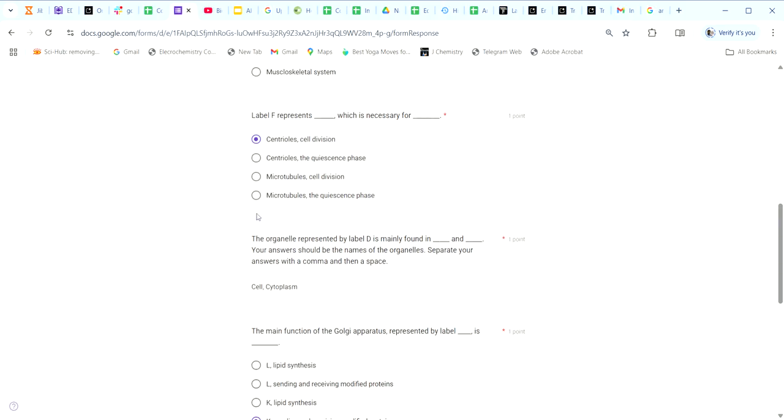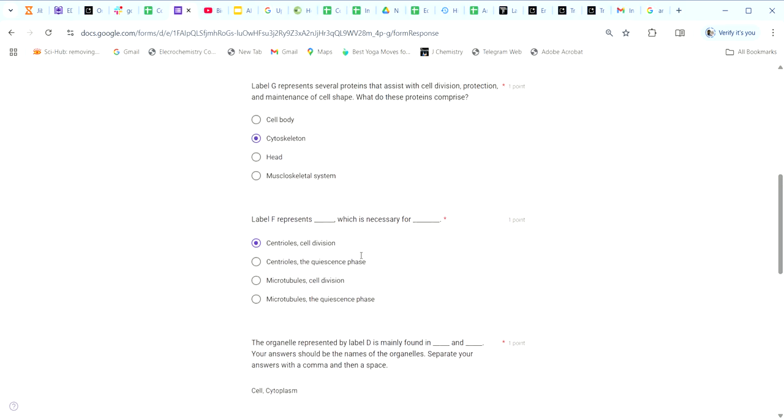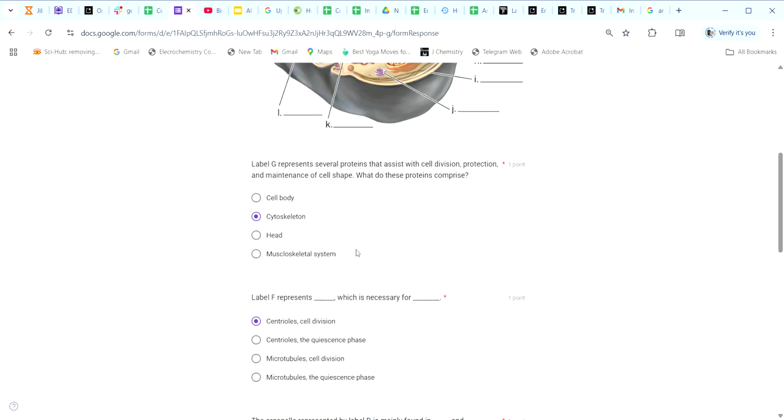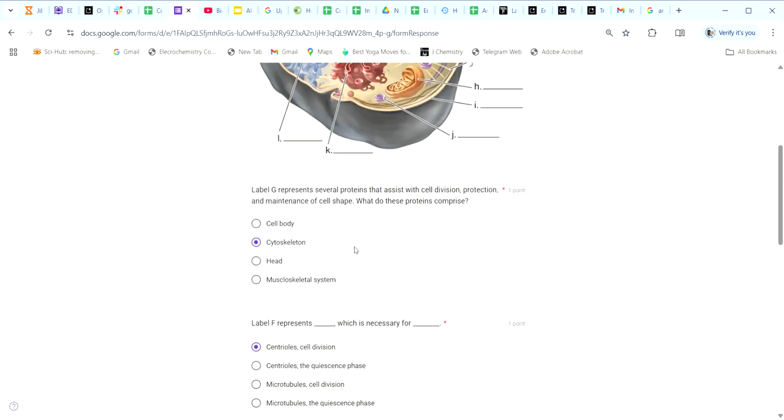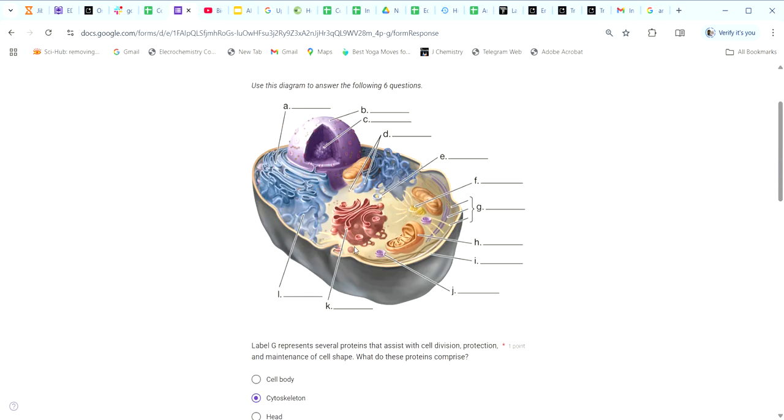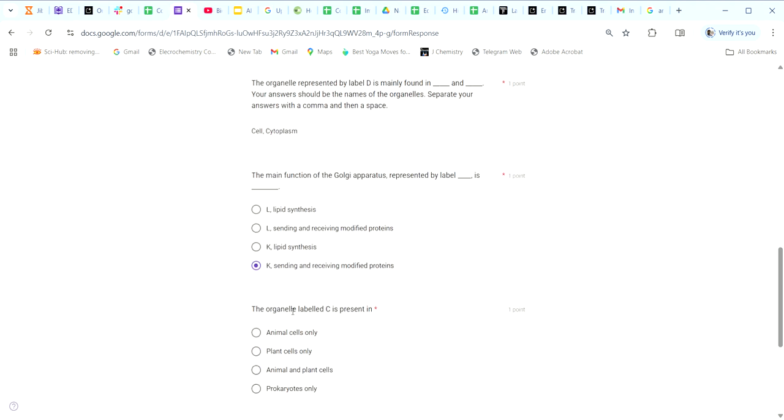I have no idea of it, so I guess this will be in both animal and plant cells.